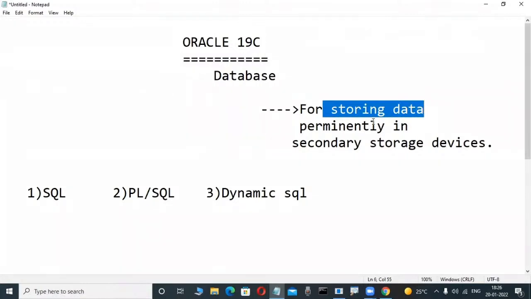Not only storing data, so many things are there. Databases are not only about storing data, but also efficient retrieval of data is important. Suppose, for example, a screen, observe it.